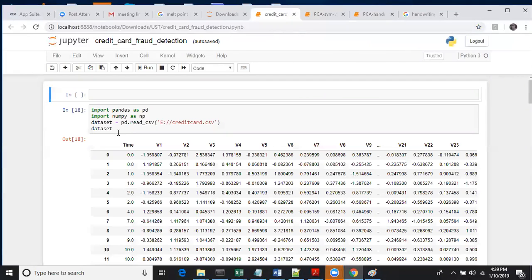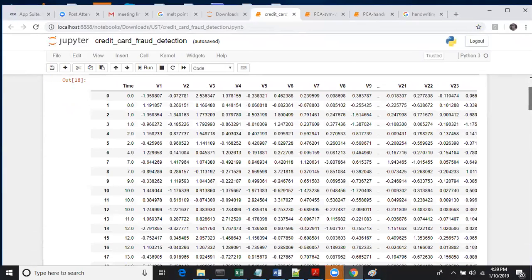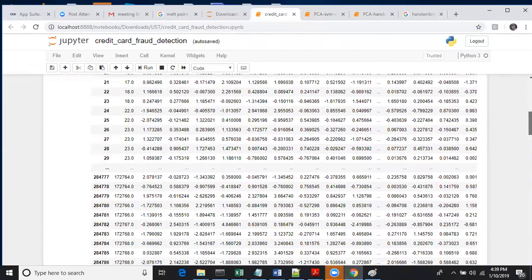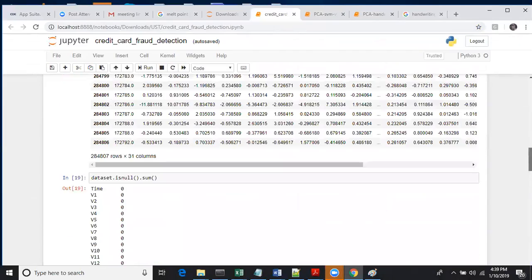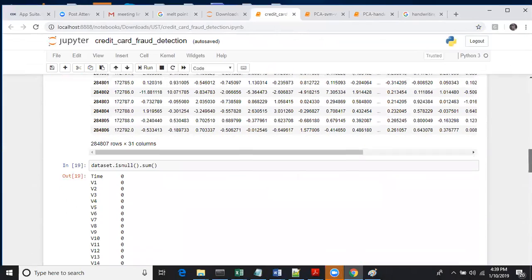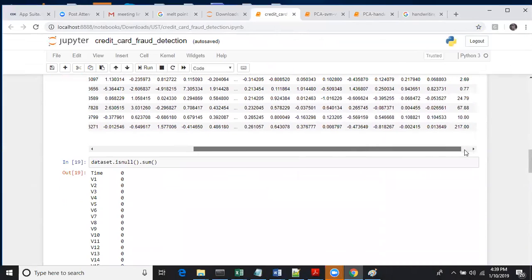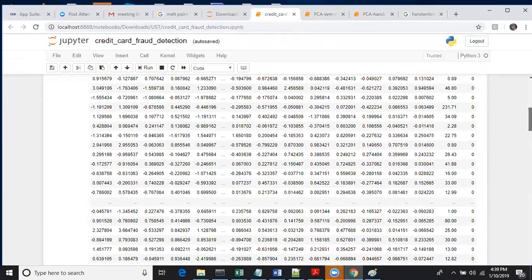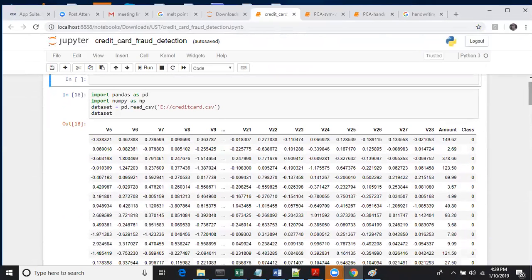You can see all these column names as V1, V2, right? This is the data I'm talking about.